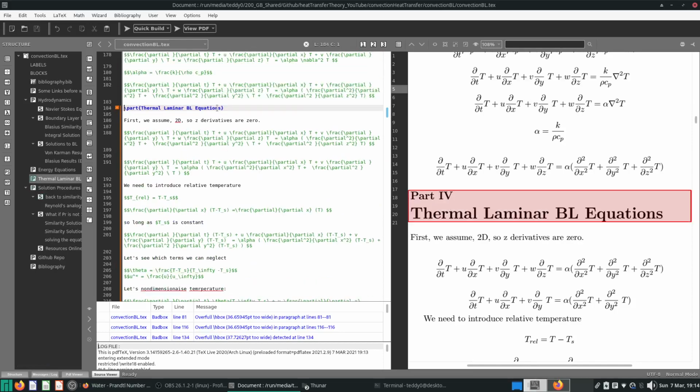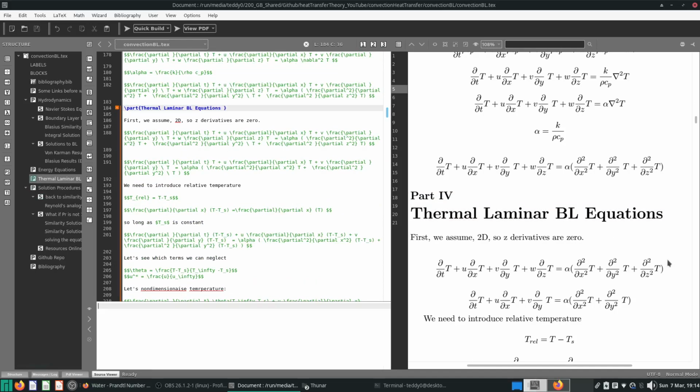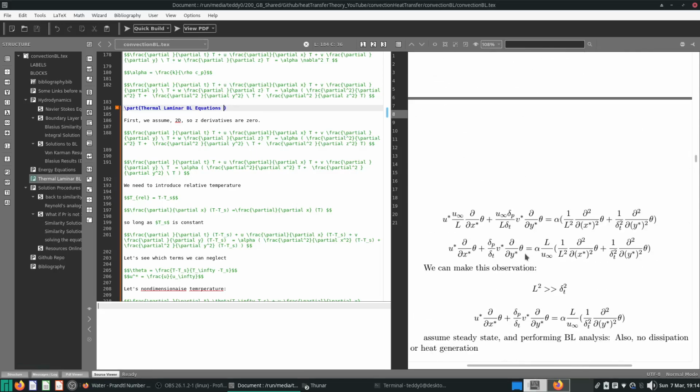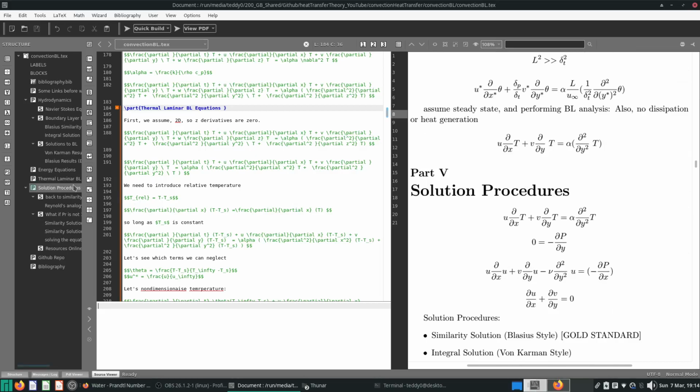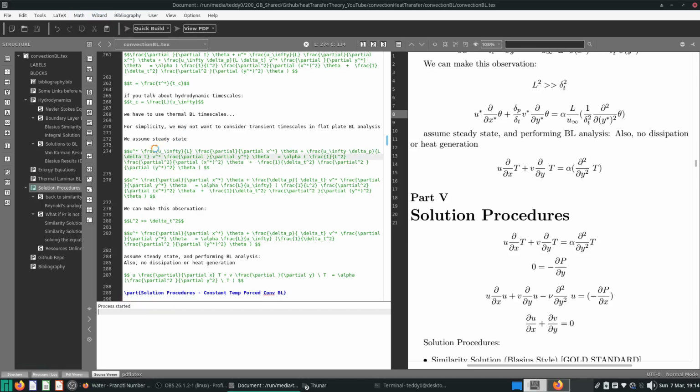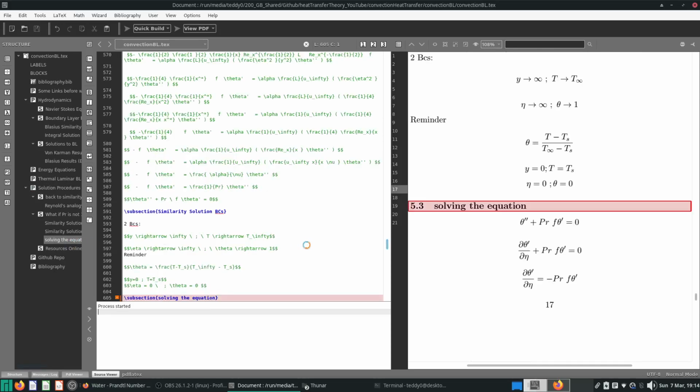Thermal boundary layer equations. The whole while we've been doing the constant temperature boundary layer, the forced convection boundary layer, because that's the easiest part. There'll be other cases as well, for example, a constant heat flux.